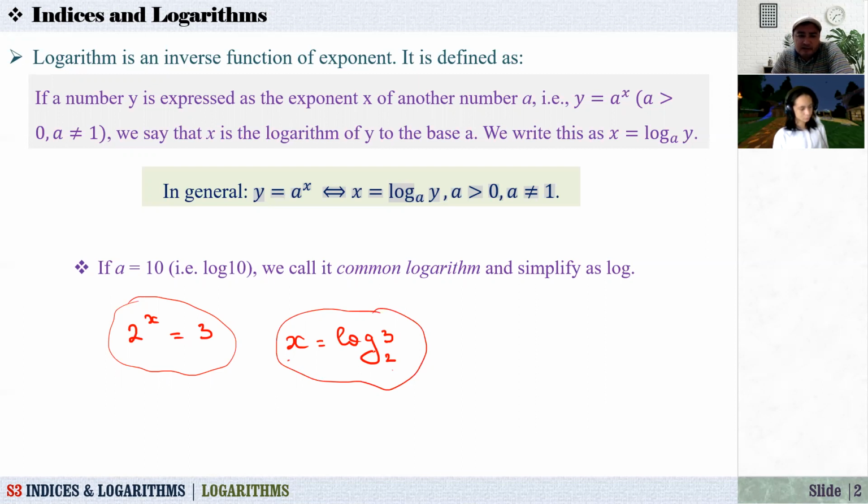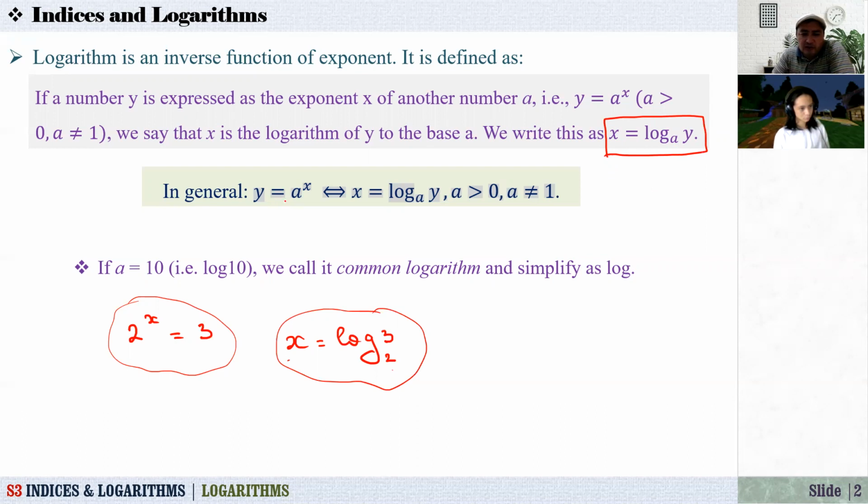So we say that x is the logarithm of y to the base a. We write it as x equals log of y to the base a, which is equivalent to a to the power of x equals y. In solving a lot of logarithmic equations or problems, we will actually change this into exponential form, and after that we can deal with the problem.